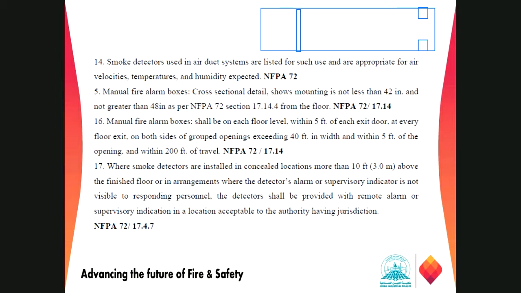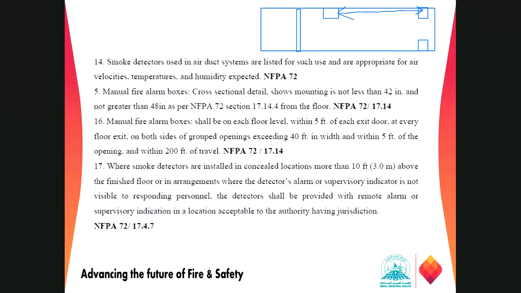This is the second criteria; 5 feet within the door is the first criteria. If the width is more than 40 feet, we need them at both locations, and the maximum distance between two call points cannot be more than 200 feet of travel. So no one should have to run more than 200 feet to reach a call point, right?